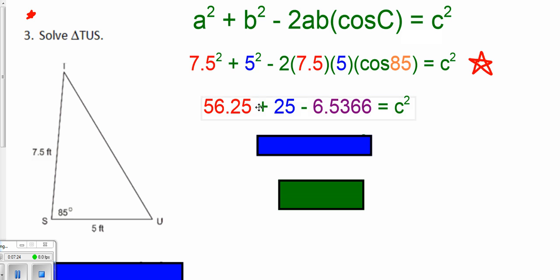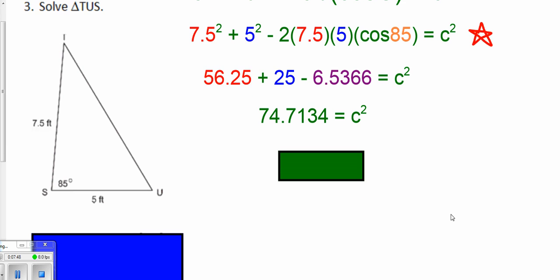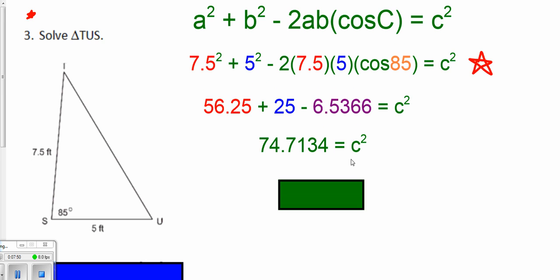Simplifying all of that out, 7.5 squared becomes 56.25. 5 squared is 25. 2 times 7.5 times 5 times the cosine of 85 comes to about 6.5366. I rounded it to the nearest 10,000th there. Now, simplifying all this, this plus this minus this gives us 74.7134.